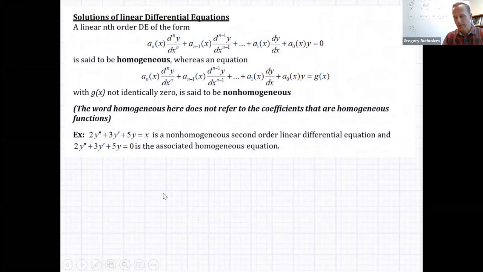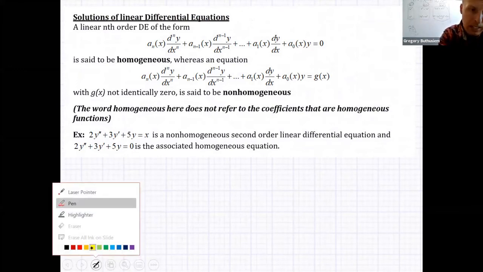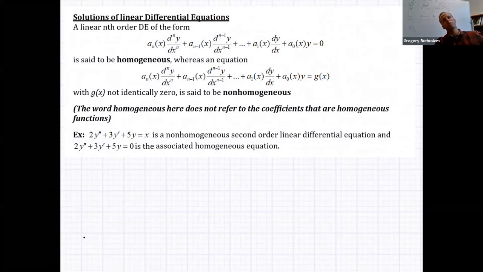So the whole idea is that these functions are not just some random functions. These functions are going to be solutions to differential equations. But we've got to talk about two different types of linear equations, homogeneous and non-homogeneous. Now, the homogeneous I'm talking about here is not the same homogeneous we dealt with in the previous chapter.